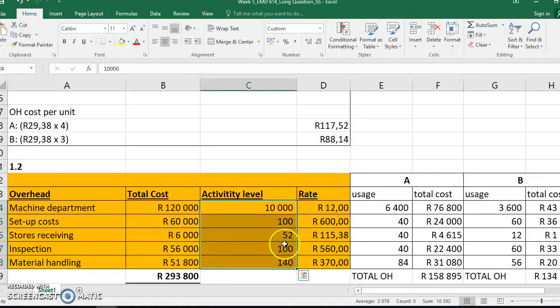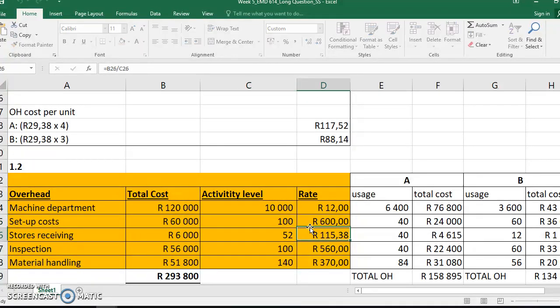You'll see this table is, I would advise, quite useful to use in the exam. You just take this cost divided by that column for all of those. Then the last step would be to allocate these rates to the respective products. Just a reminder, this is 12 Rand per machine hour.